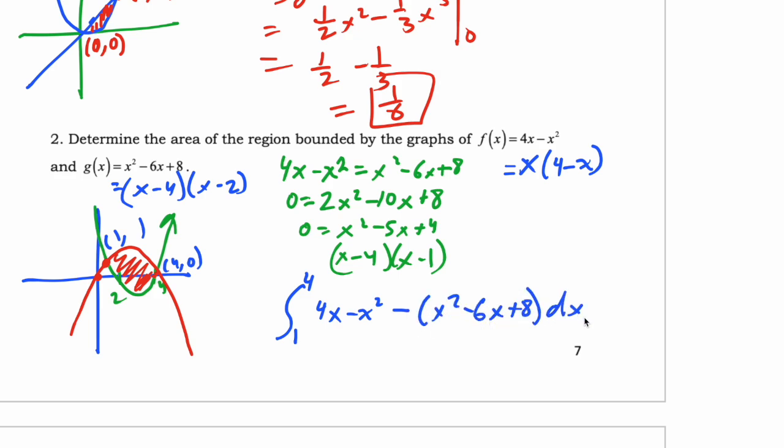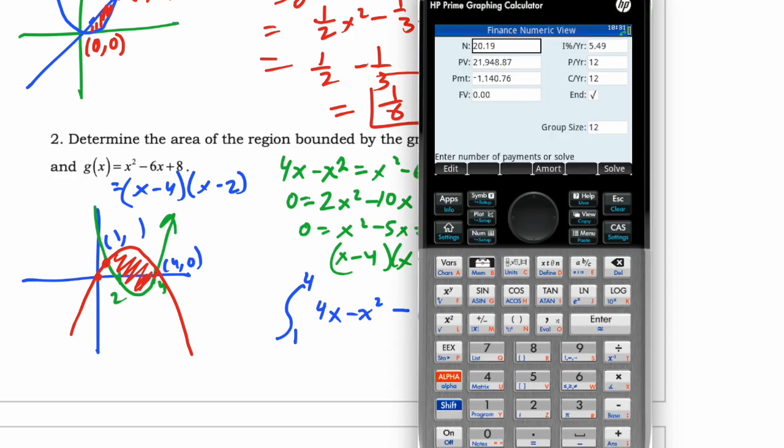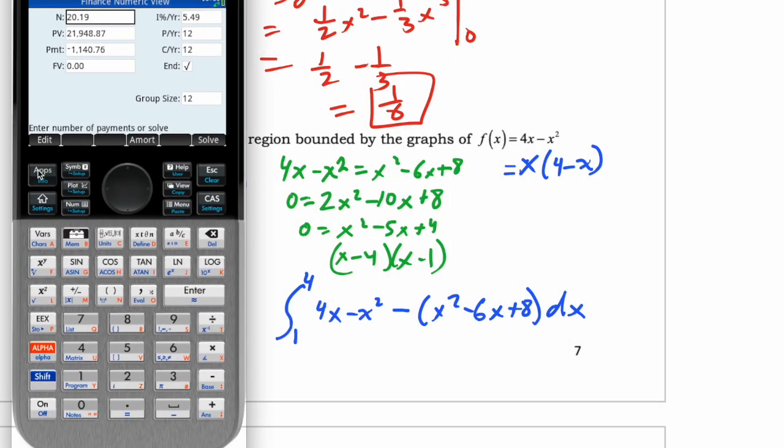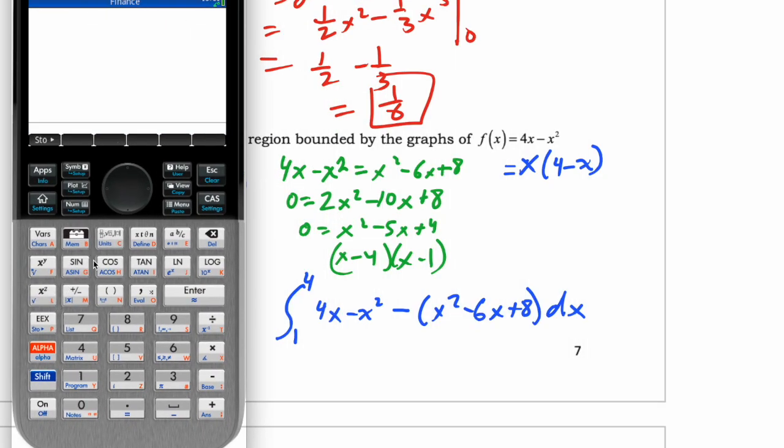Okay, and let me show you now how to do that on the HP Prime calculator. Okay, this is on a paper 2 test, a calculator test. You just want to type that in. So you can click on this button and get the integral, and from 1 to 4, and just type it in exactly as you see it. Don't need to simplify. Just be careful not to make a typo.